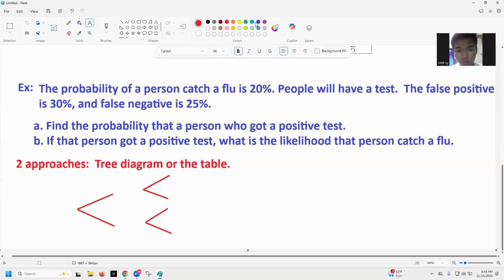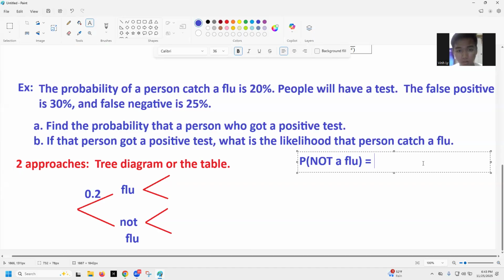The first one you start off with must be something without conditional probability. All right, guys. So the likelihood of catching the flu is how much? 20%, correct? So 0.2. And the likelihood that a person does not catch the flu is 80%. How can I do this? I take 1 minus 0.2, so I got 0.8.